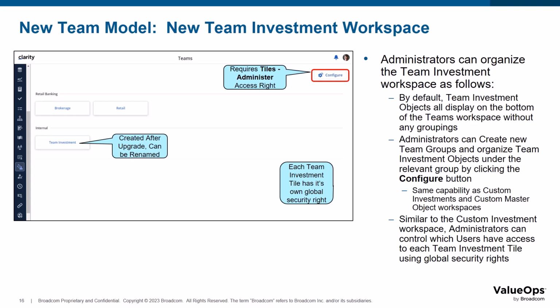I had created an internal group and placed the team investment underneath that. And in retail banking, I created a new team object for brokerage and for retail, and I grouped them that way. Just like the custom investment workspace, administrators can control which users have access to which tiles using global security rights.